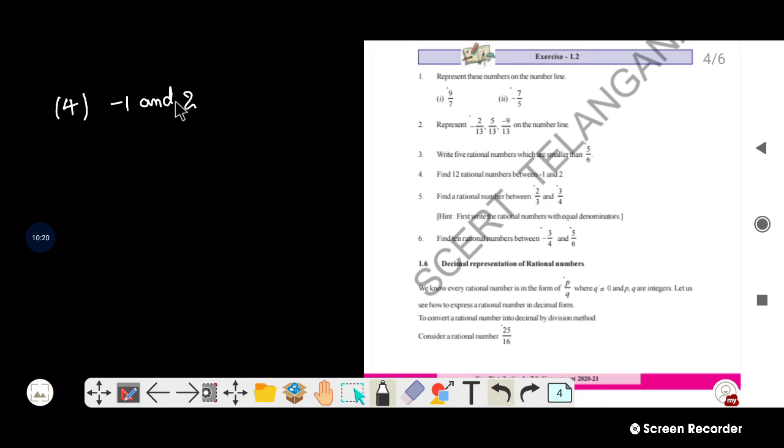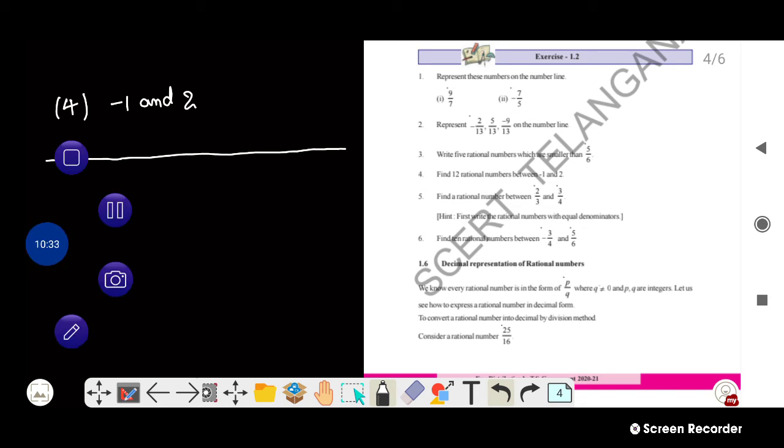Okay. So first of all, I want to identify that. So in this, 12 rational numbers. Now we can identify that.